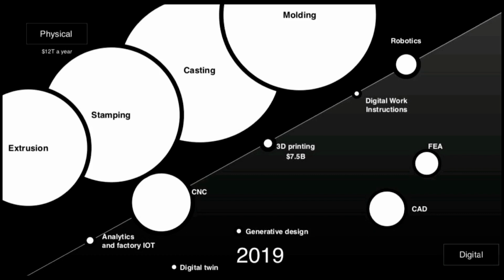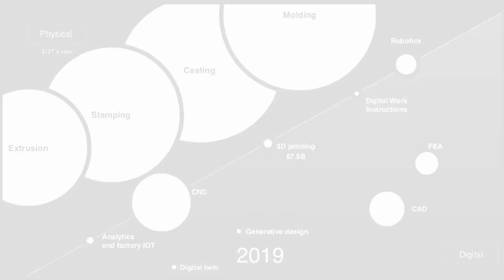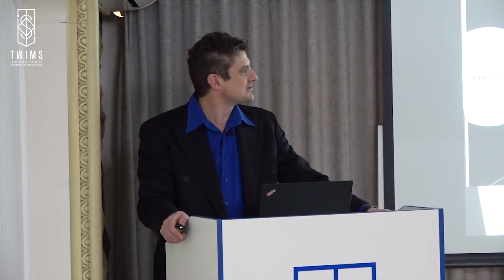The total manufacturing industry globally is $12 trillion. So that equates to additive or 3D printing at this stage as a percentage of the global manufacturing industry being 0.05%.